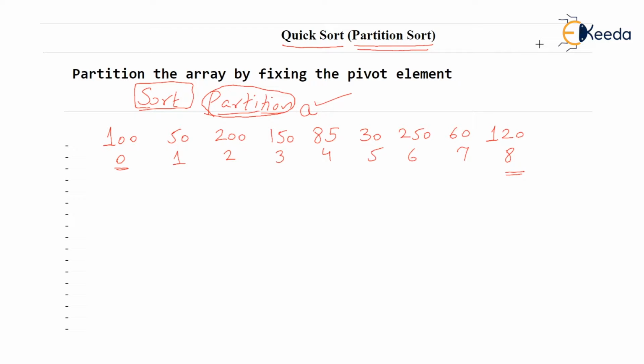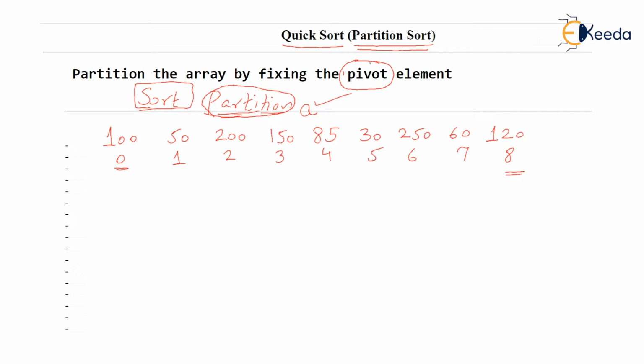It uses a process called the partition process, which says to take some element of this array. That element is called the pivot element. Now note my words. Quicksort says take any element of the array, at any index from 0 to 8, and call it the pivot element.